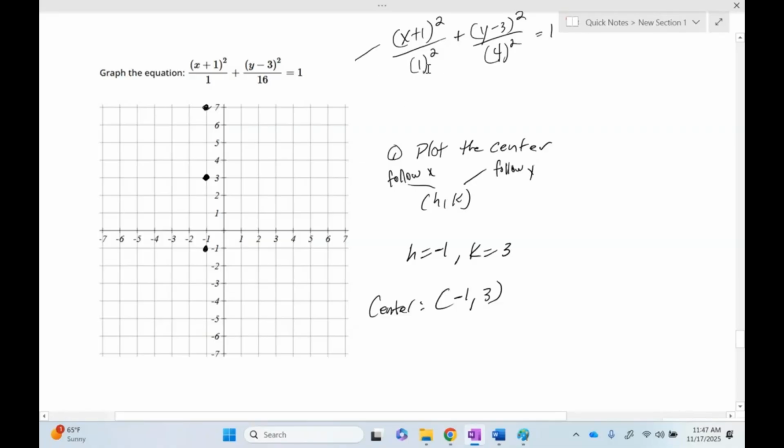And then as far as B is concerned, from my center, I'm going to go 1 unit to the left and 1 unit to the right. And this is the ellipse.